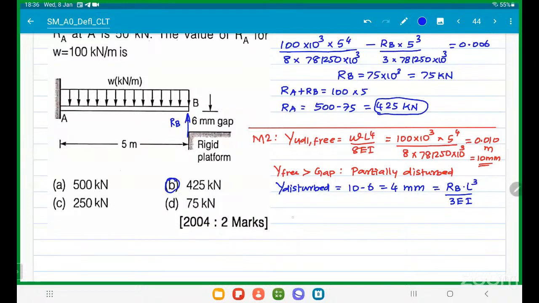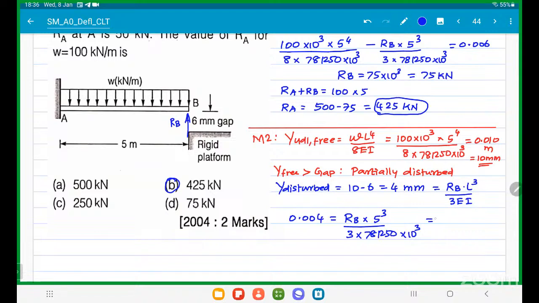Now substitute. 0.004 equal to RB into 5 cube by 3 into 781250 into 10 power 3.